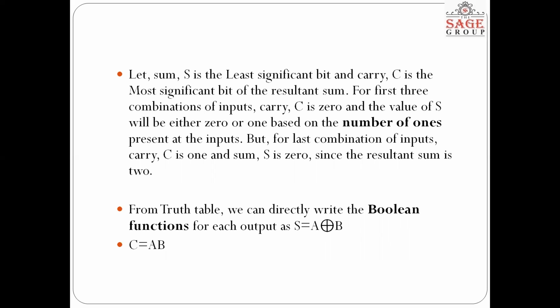For the first three combinations of input, carry is 0 and the value of S will be either 0 or 1 based on the number of ones present at the inputs, right? So from the truth table, we can directly write the Boolean function for each output: S is equal to A XOR B. This is the symbol of the XOR gate, right, students?